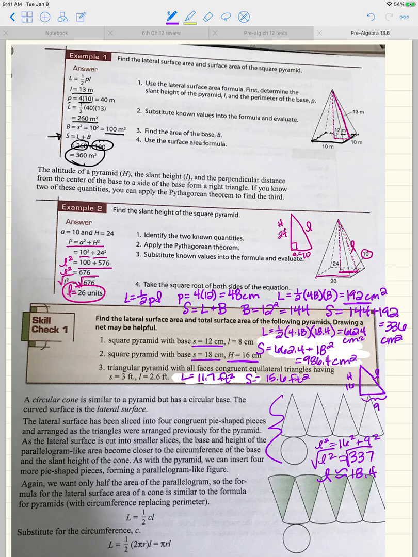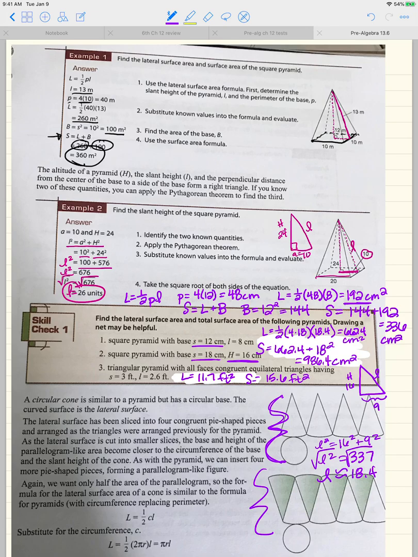As the lateral surface is cut into smaller slices, the base and the height of the parallelogram-like area become closer to the circumference of the base and the slant height of the cone. As with the pyramid, we can insert 4 more pie-shaped pieces forming a parallelogram-like figure. Again, we only want half of the area of this parallelogram. This is the net of that.